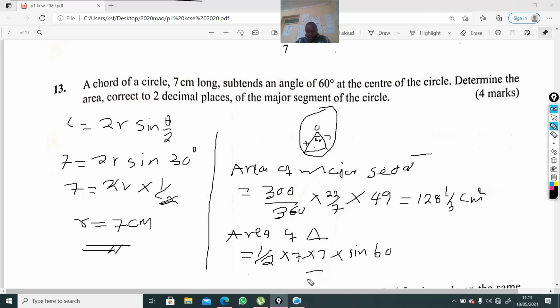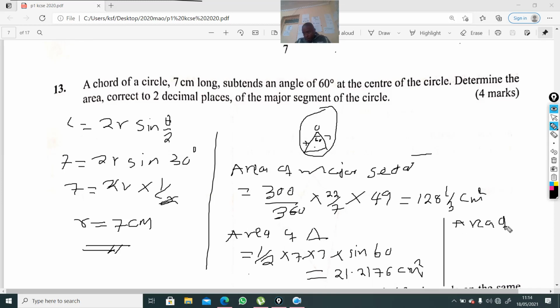Just use the calculator and you get your answer to be 21.2176 centimeters squared.